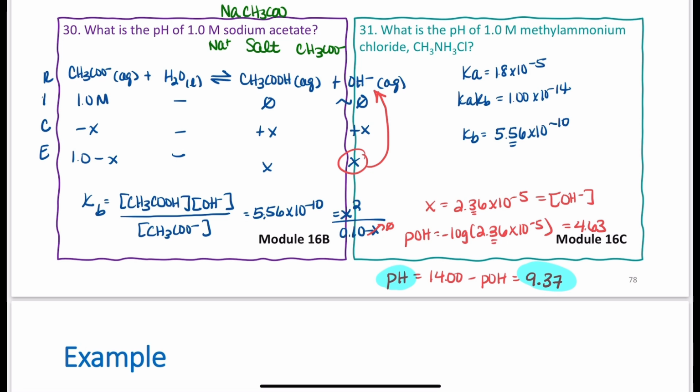I expect this to be a basic pH because it is a salt and it is the conjugate base of a weak acid. So I expect it to be basic, and it is in fact basic, so I'm assuming the math is correct. It is correct, but it's a good way to check yourself.